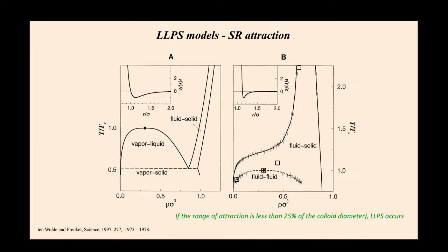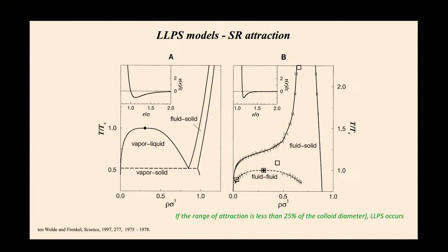On the other hand, if you look at this system, here the Lennard-Jones potential was taken, but then it was shrunk in terms of the range of the attraction. The difference between this and this is that you can see the range of attraction cuts off around 1.4 or 1.3, but here the interaction goes all the way up to close to 2 times the diameter of the particle itself.